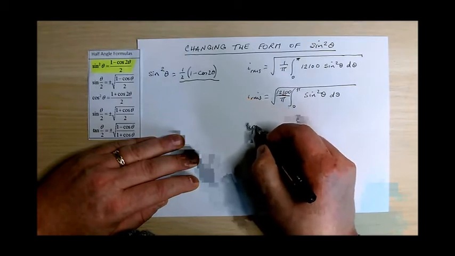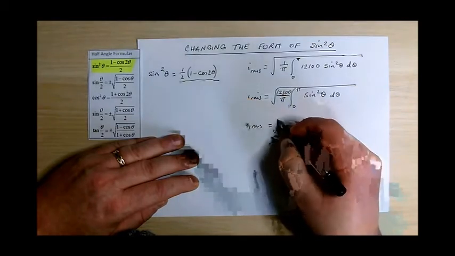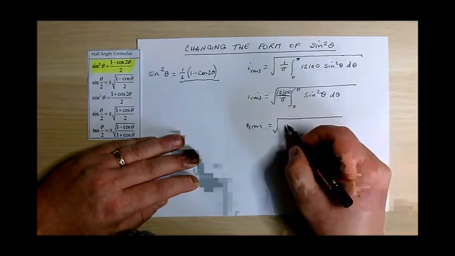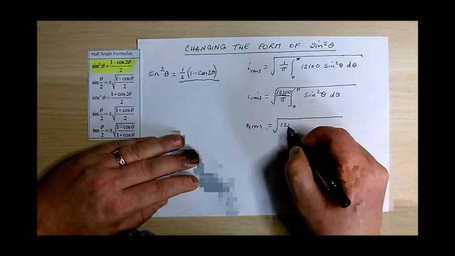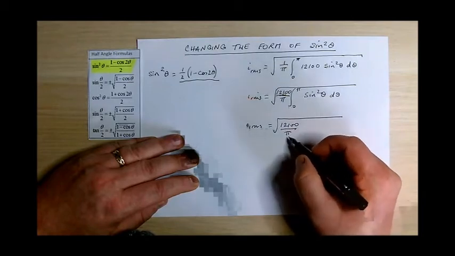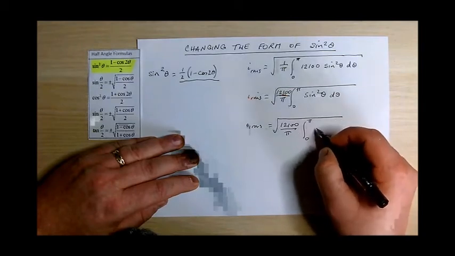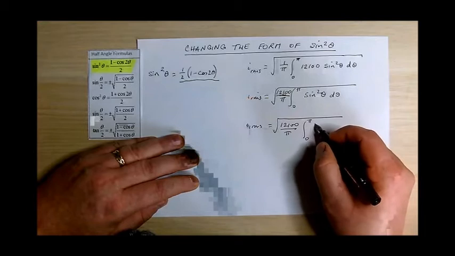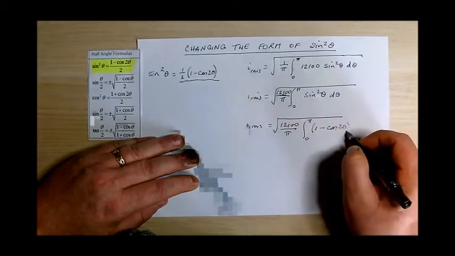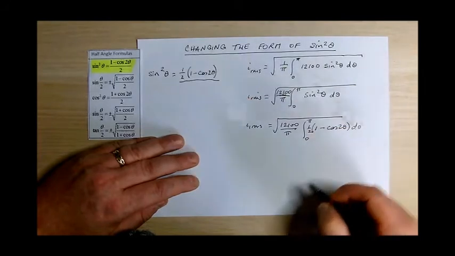So RMS is the square root of 12,100 over pi, integrated from 0 to pi, of 1 minus cos 2 theta, don't forget the half, d theta.